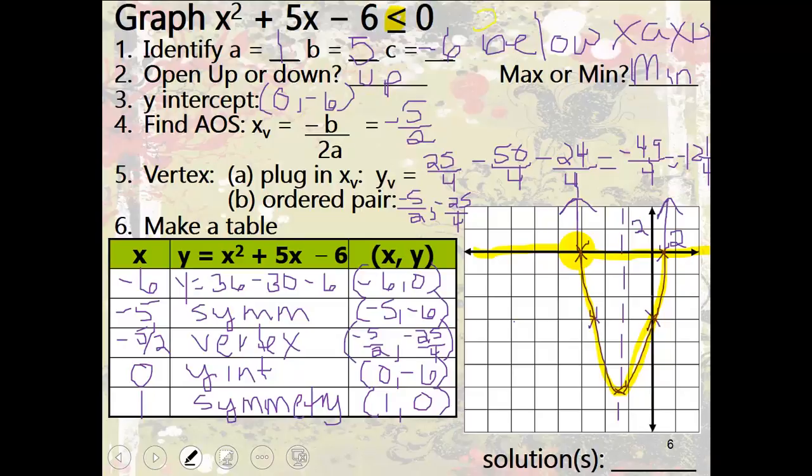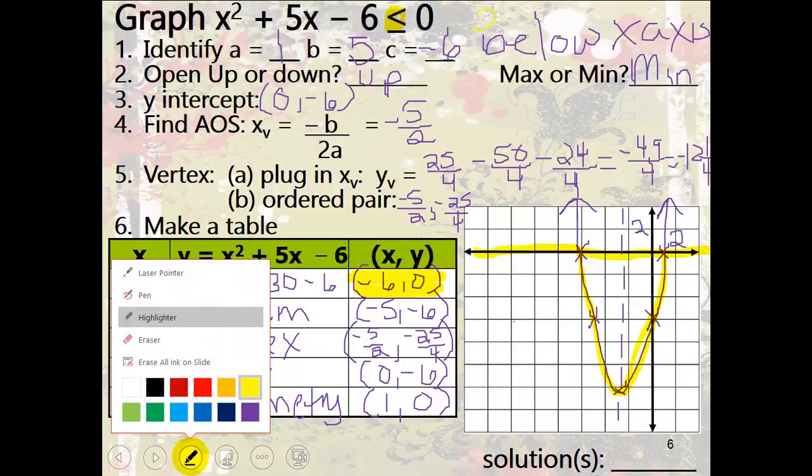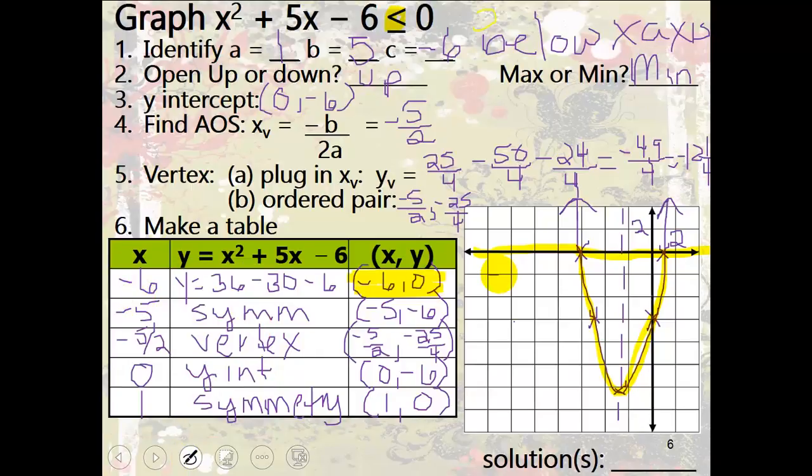The leftmost point is going to be this coordinate. This is the point -6, 0. And remember, we're reporting the x values. We look at the y's and we report the x's.